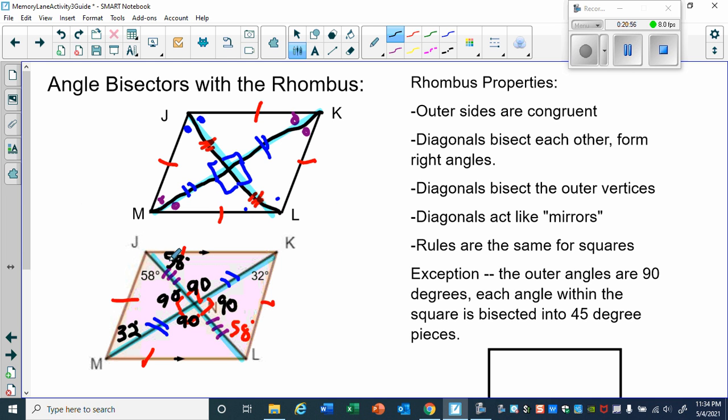And then since we have alternate interiors, 58 here, 58 down here. And then this diagonal 32, right on the other side, 32, and 32. So you can use this diagram to help you find the angle bisectors with the rhombus.